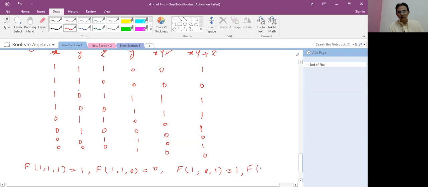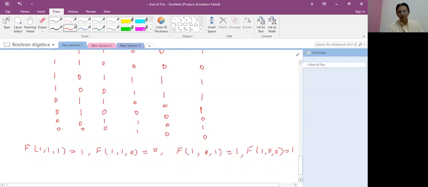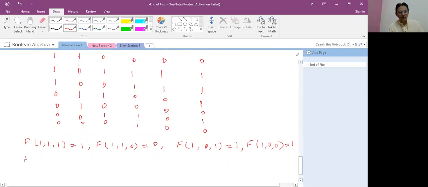F(1,0,0), y and z both are 0, which is equal to 1. When x is 0, y is 1, z is 1, the answer is 1. When x is 0, y is 1, z is 0, the answer is 1.